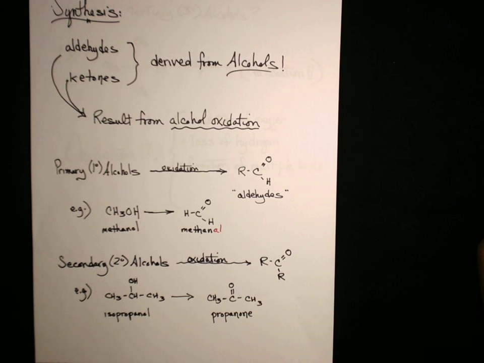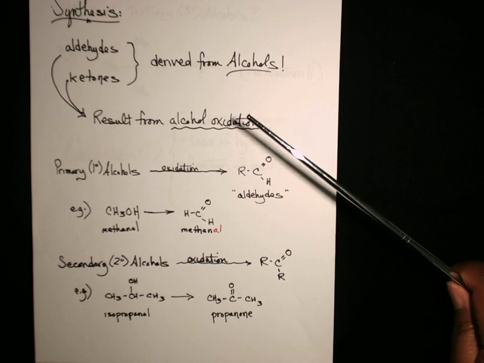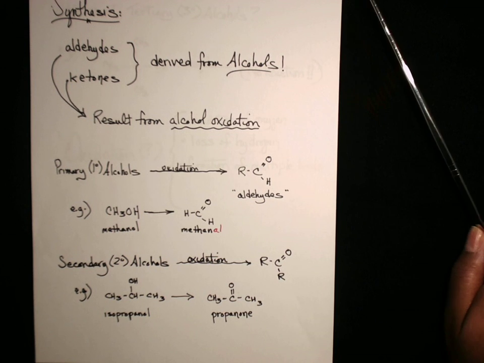Well, aside from them both being carbonyl compounds, the other thing that aldehydes and ketones have in common is that they are both derived from alcohols. So you could say that both aldehydes and ketones result from alcohol oxidation.